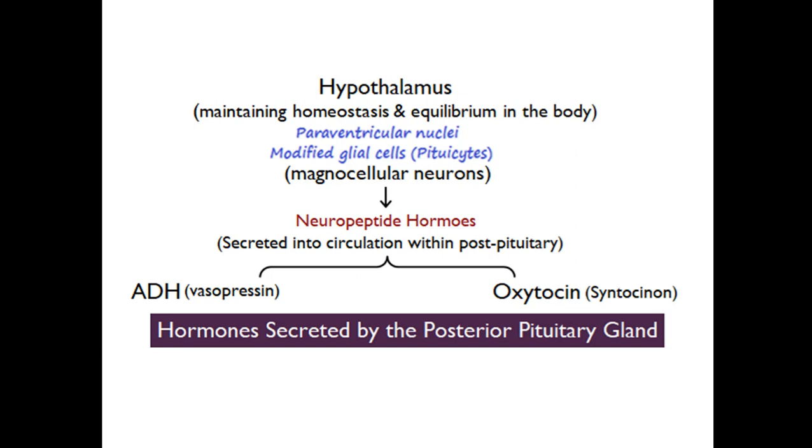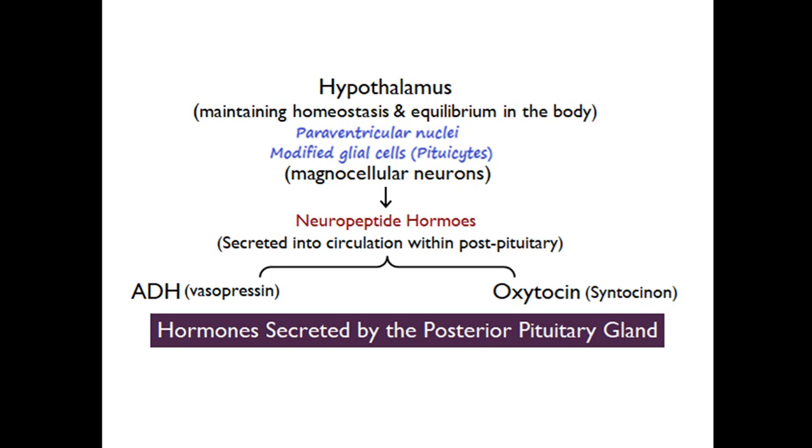As I mentioned, the hormones of the posterior pituitary gland, mainly the antidiuretic hormone, vasopressin, as its name indicates, will cause reabsorption of water from the urine in the kidney and will decrease diuresis.